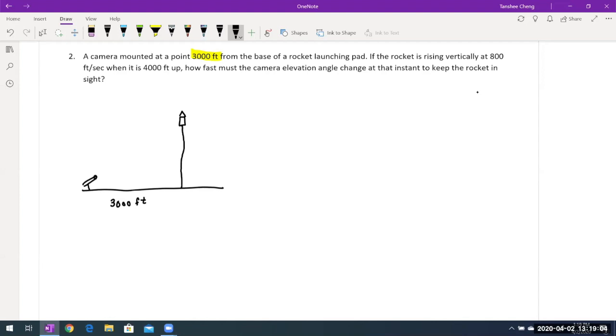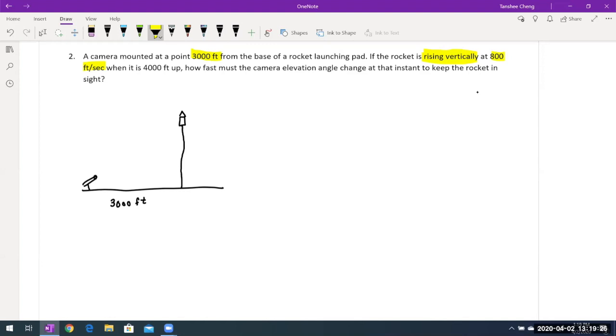The next piece of information given is that the rocket is rising vertically at 800 feet per second. You have to be careful here because the rocket is not going at a constant rate.